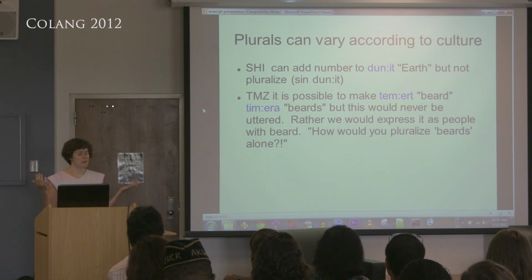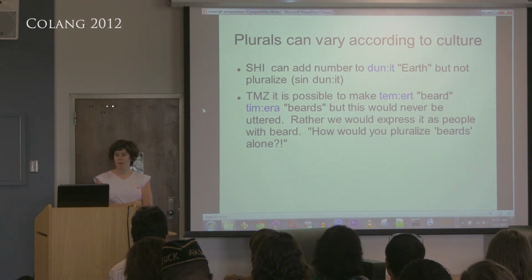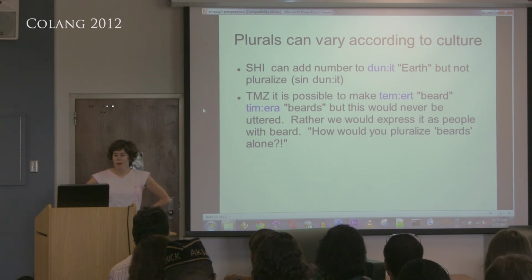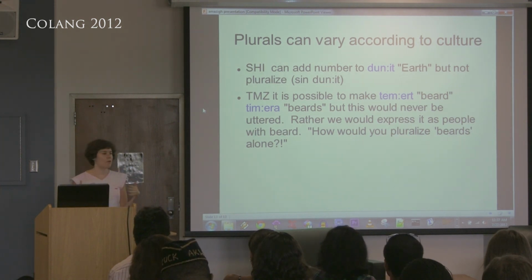I thought I would mention, we haven't really talked a lot about this, but some things can become interesting as we start to elicit one thing and cultural information kind of comes out as we're doing it. So when I was asking Amazigh to pluralize earth, he couldn't do it. He could only add a number in front of it, I think. Because why would you have more than one earth? Maybe it's uncountable in its variety.